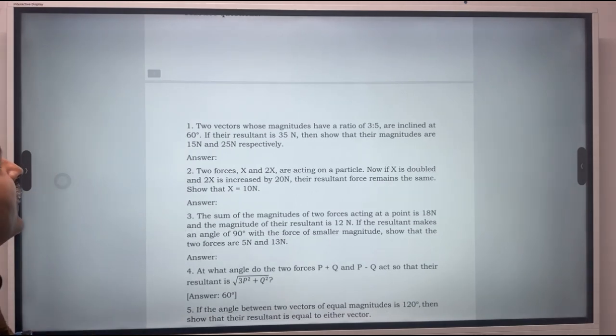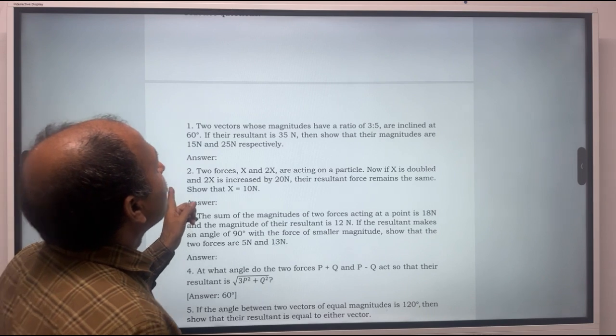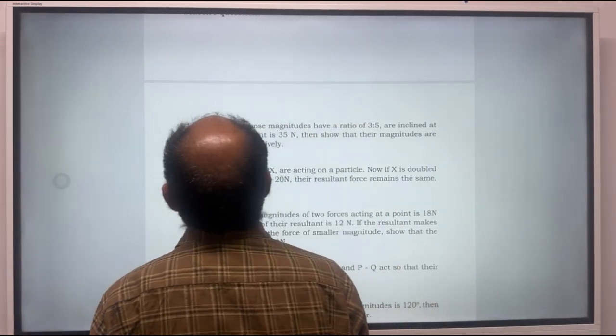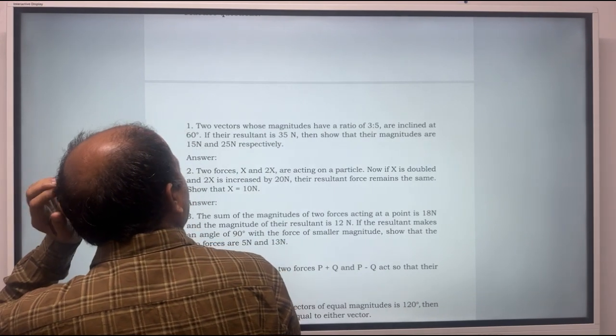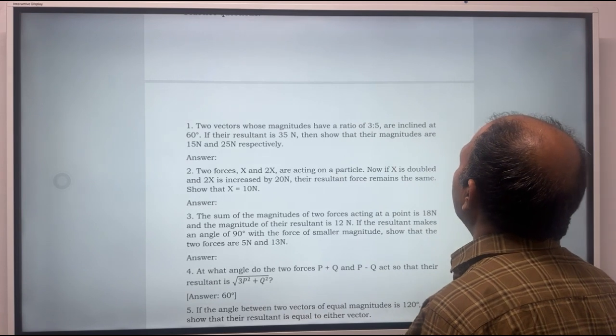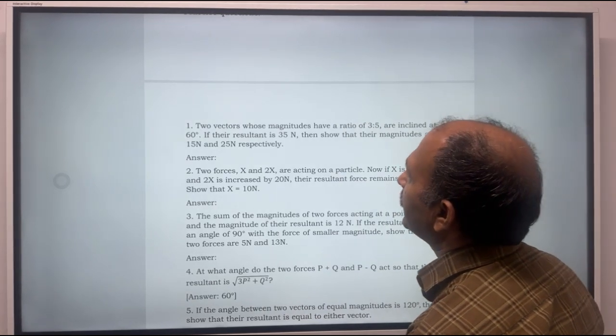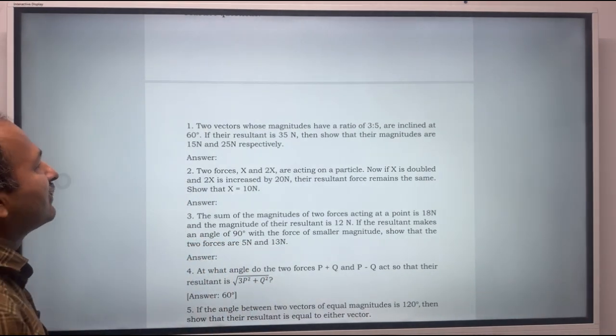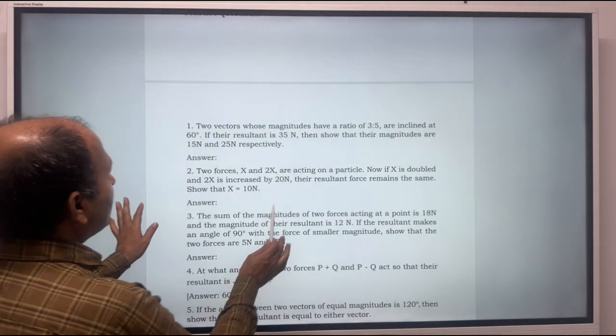Here we are given two vectors whose magnitudes are in the ratio 3:5 and are inclined at 60 degrees. If their resultant is 35 Newton, then show that their magnitudes are 15 Newton and 25 Newton respectively. How will you solve this question?